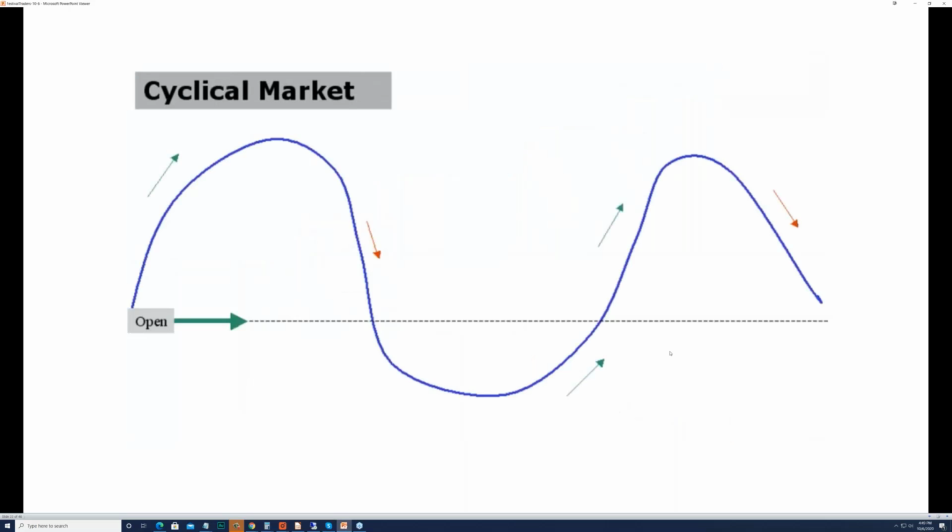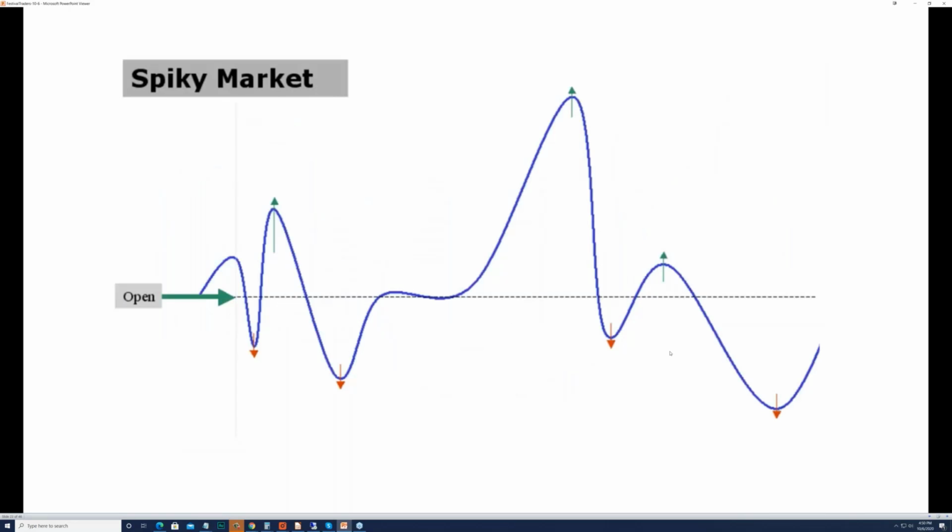Then we get cyclical markets, where the market swings wildly in the up direction to the downside, crisscrossing the opening price level. Then we get a spiky market. And today was kind of a spiky market where we zigzag up and down and crisscross the opening price level and test highs and lows.